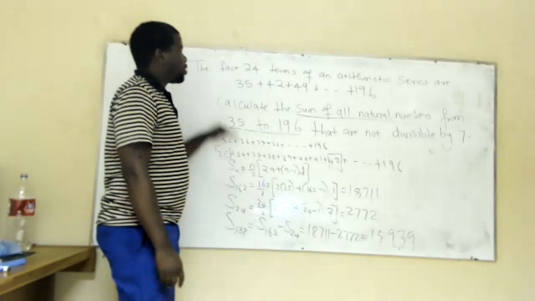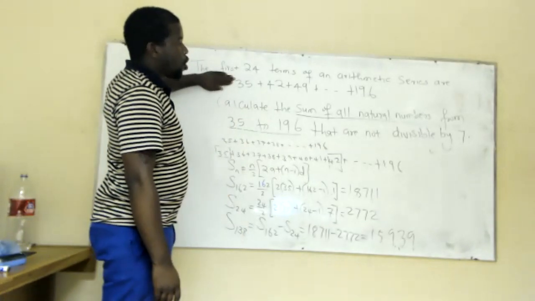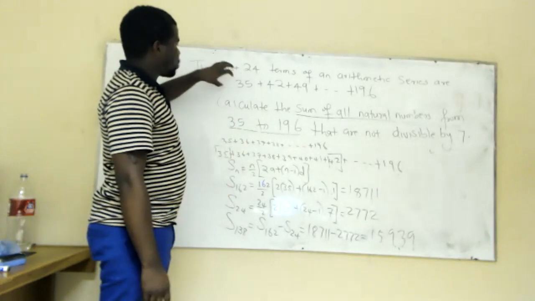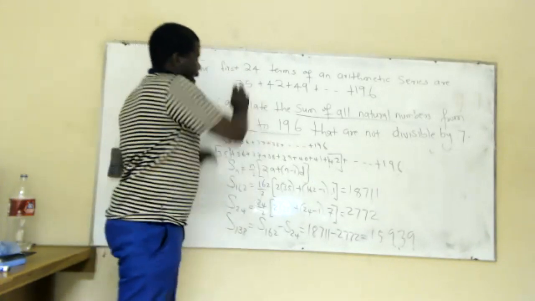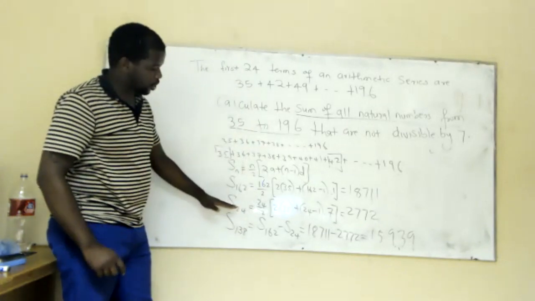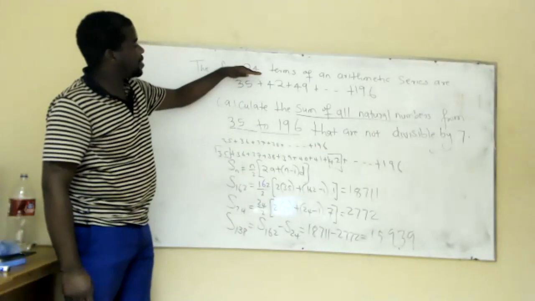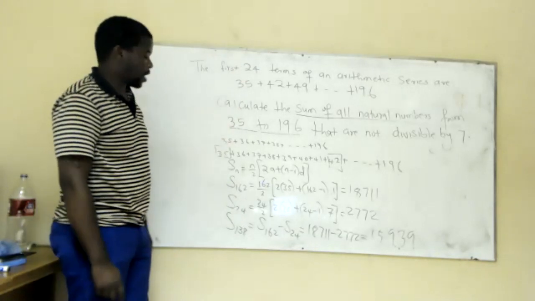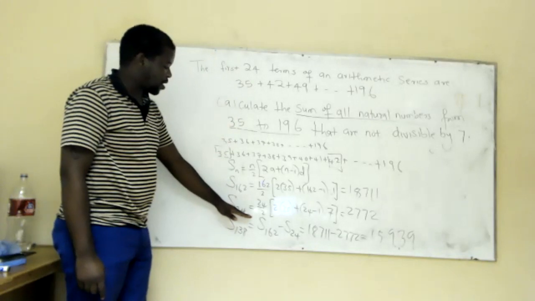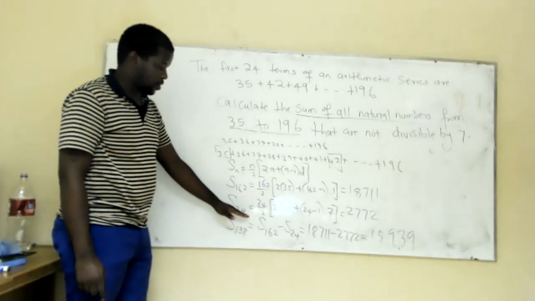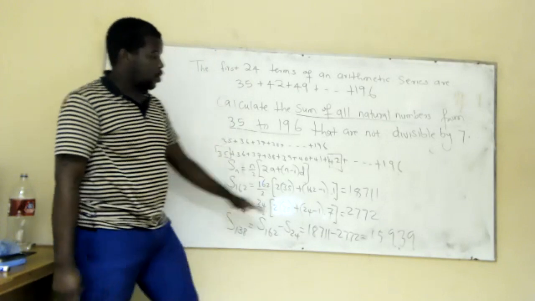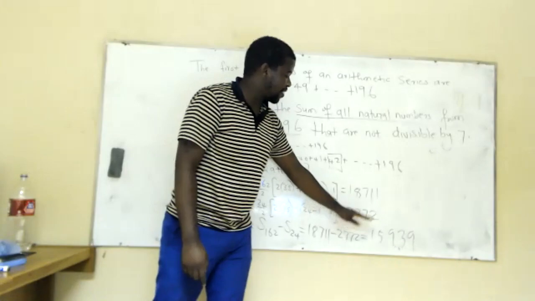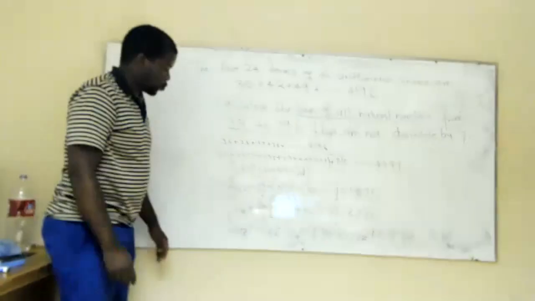After having that, you then calculate the sum of those terms which are divisible by 7 only. That is given by the summation we have there. We were also given that in total, those terms are 24. If we're not given, it's something you should be able to calculate. But we are fortunate that we are given the number of terms, and the sum of those terms is 2,772.